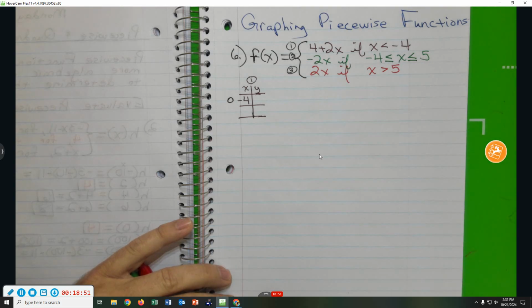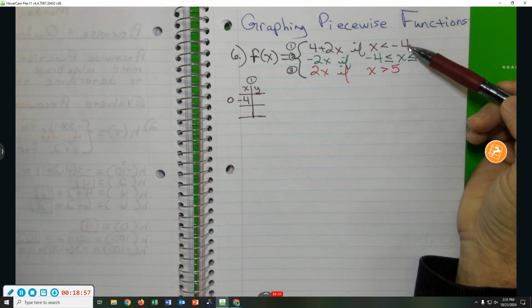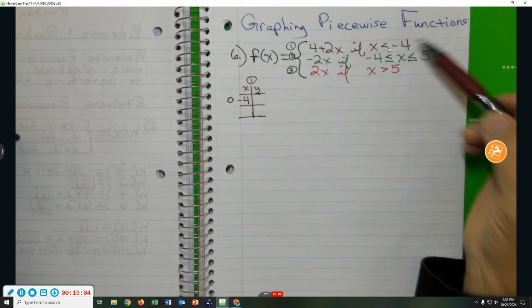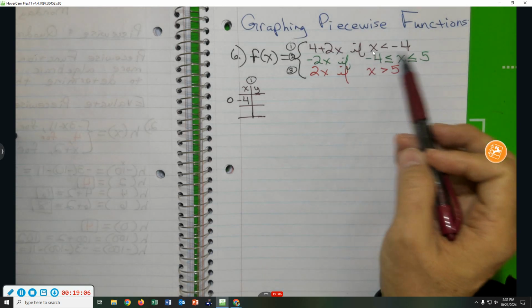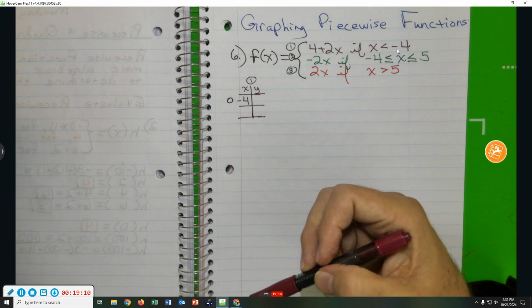Y'all said we need 2 ordered pairs to uniquely draw a line, so we need another x value. Well, there's only one cut point on the brown piece, so we need another x value, one that satisfies the inequality, an x value that's less than -4.